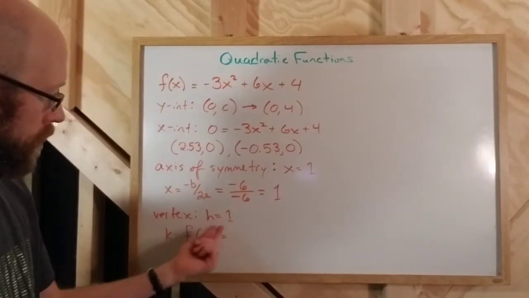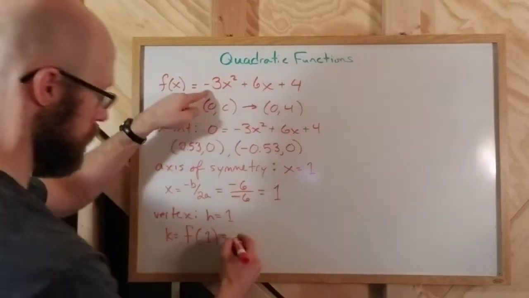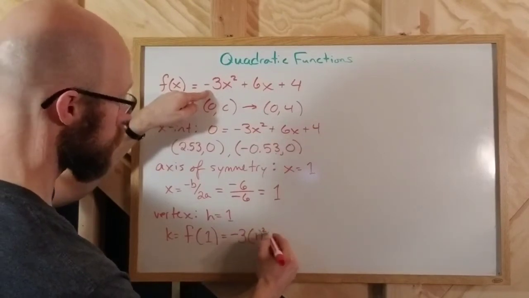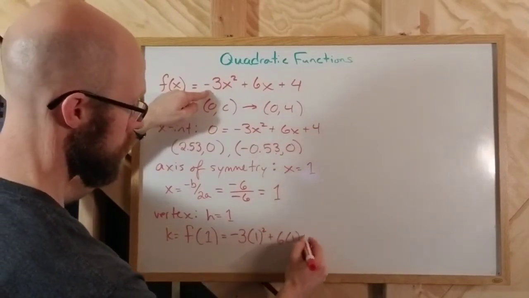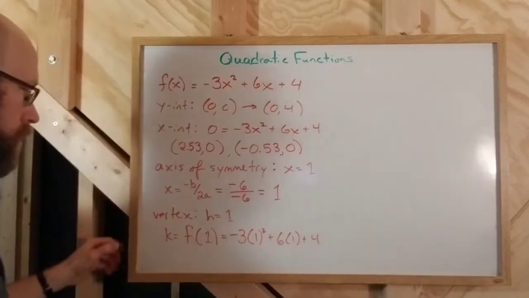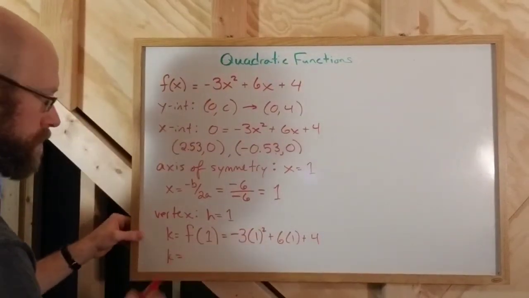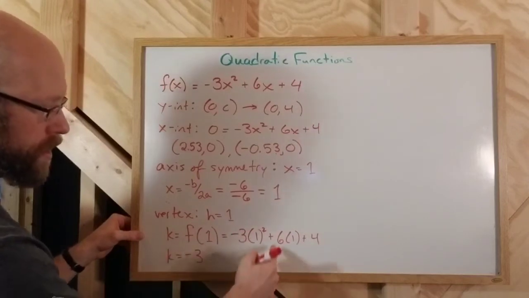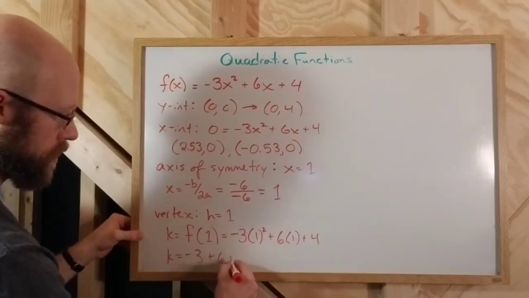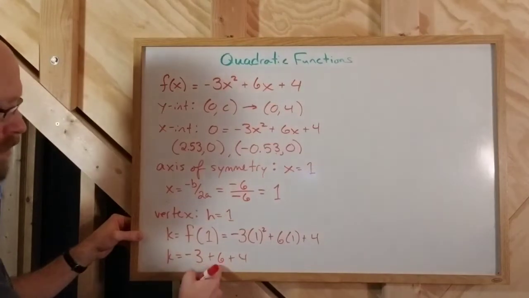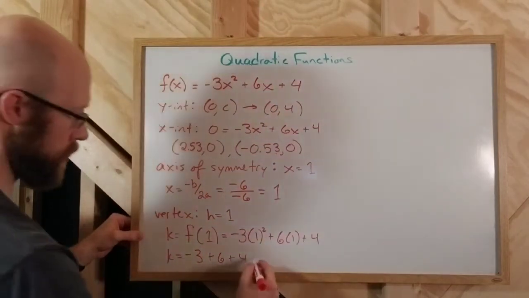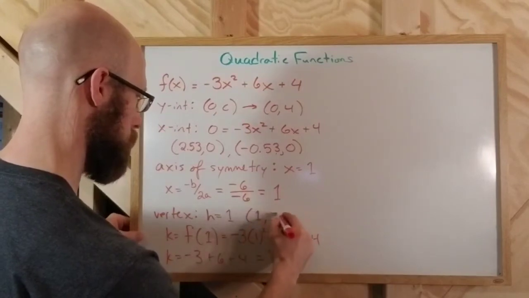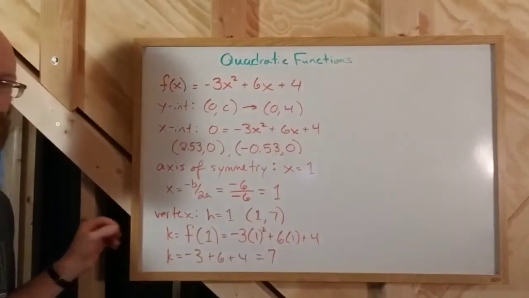So I take the 1, plug it into the function. That's negative 3 times 1 squared plus 6 times 1 plus 4. Well, if I evaluate that, 1 squared is 1 times negative 3 is negative 3. 6 times 1 is 6. Negative 3 and 6 is 3. And 4 makes 7. So my vertex then is 1 comma 7.